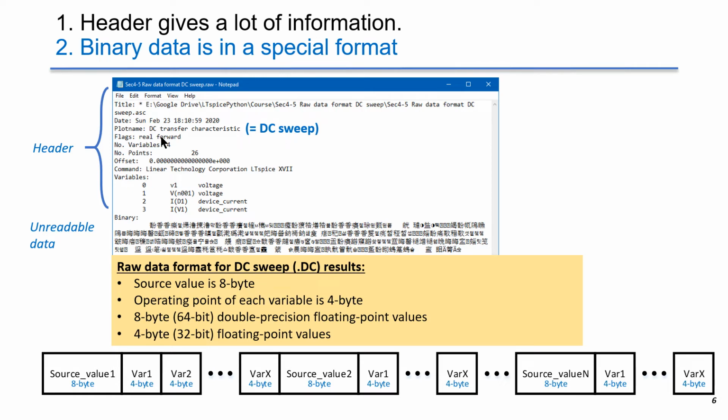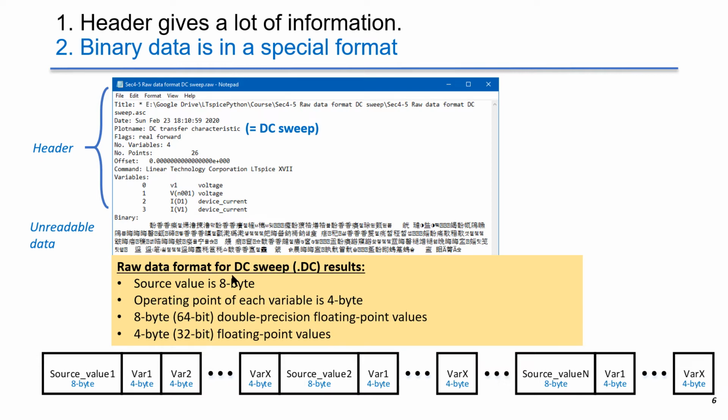Forward means the DC sweep is from low value to high value. Number of variables is 4, as shown here. The number of points is 26. As we said before, voltage V1 is changing from 0 volt to 2.5 volt with a step of 0.1 volt. As a result, in total, there are 26 steps.